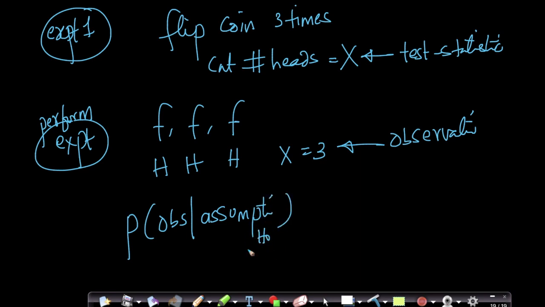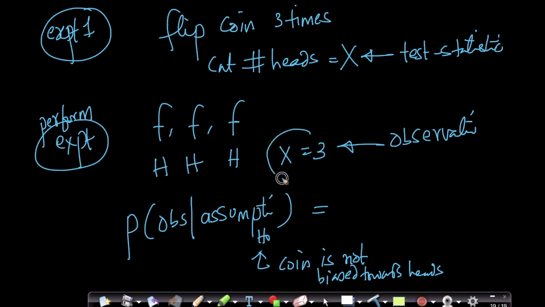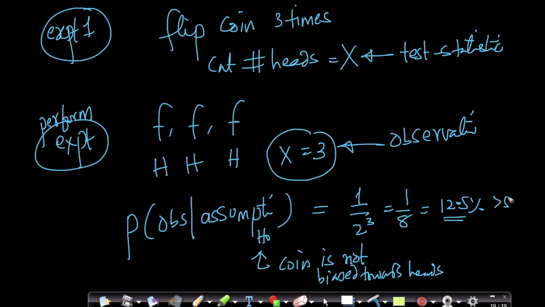My null hypothesis here is that the coin is not biased towards heads. So what is the probability that you'll see 3 heads in 3 flips of the coin, assuming that the coin is not biased? It's again 1 by 2 power 3, which is 1 by 8, which is 12.5%, right? Which is greater than 5%.